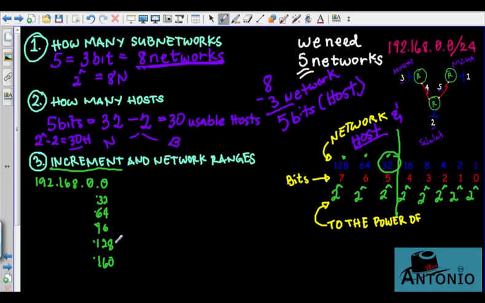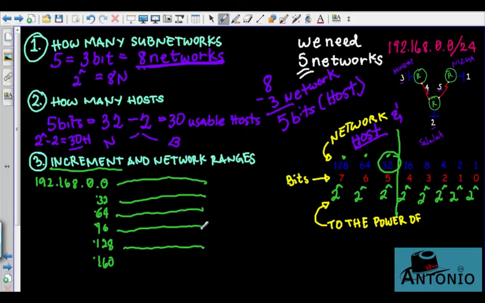We stop there, and let's get the range. 1, 2, 3, 4, 5. Okay, I'm gonna concentrate on 5 networks because we need only 5 networks, even though we get 8 networks.